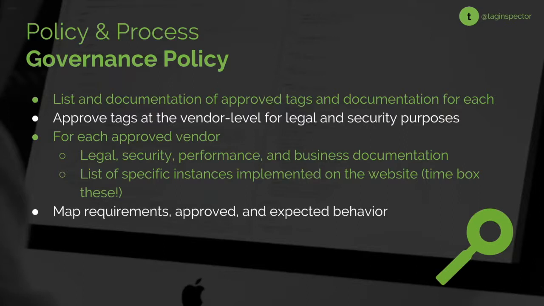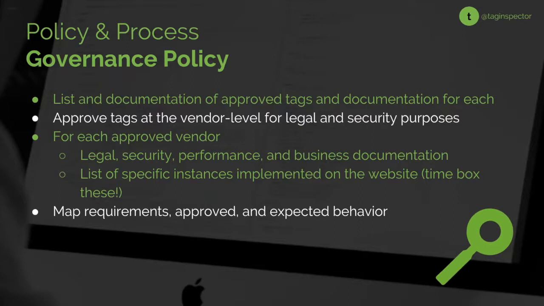You're going to have a lot of different unique instances of those in order to track specific user behaviors, clicks, campaigns, all of that. But for security and legal, all those tags are behaving at their core from a technical standpoint in the same way. So for legal and security, you can approve at that vendor level.